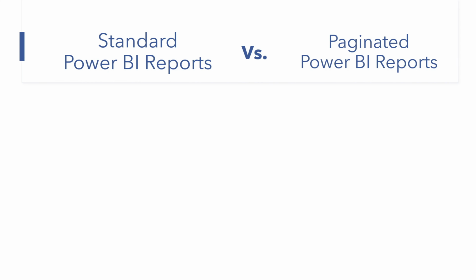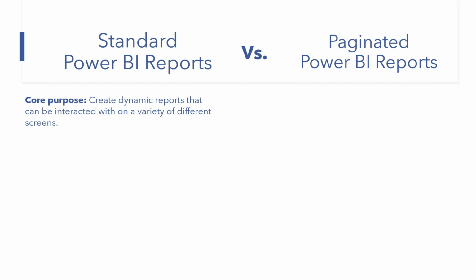First, why can't a standard Power BI report just let you print things off the way that we just saw? The short answer is that standard Power BI reports are optimized to fit a variety of different screens and situations. So if you've changed filters and the interactive components, you know that the information on your Power BI desktop report is going to be shifting and adjusting, right?